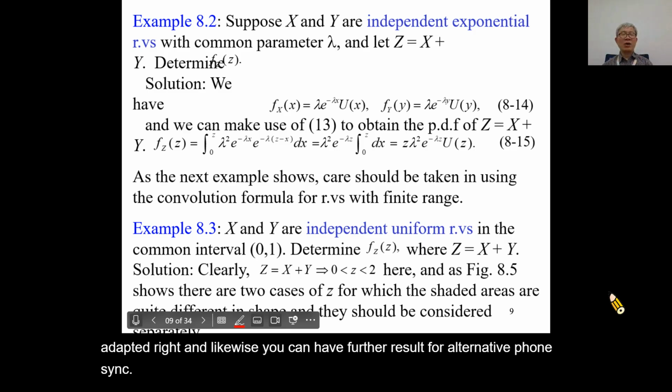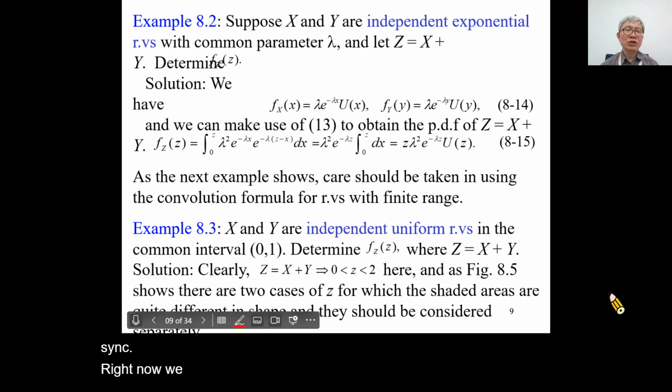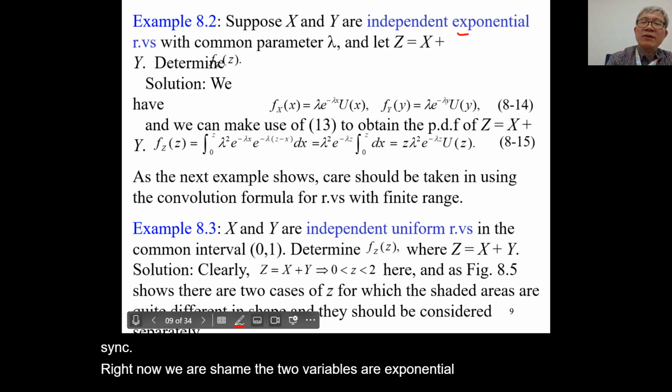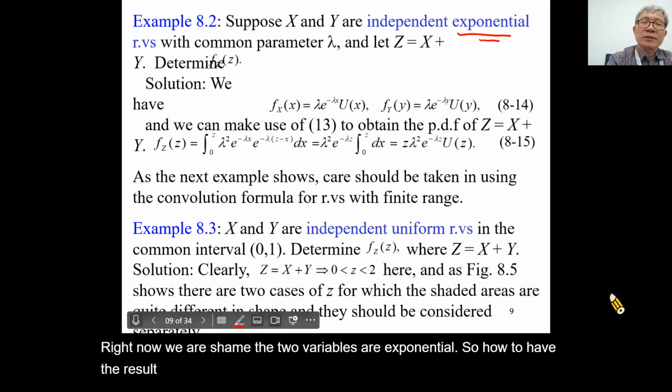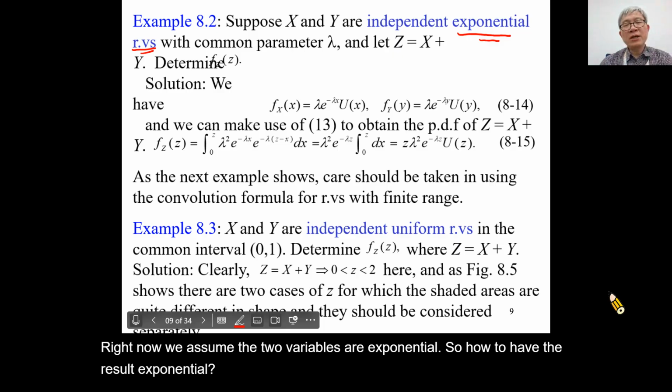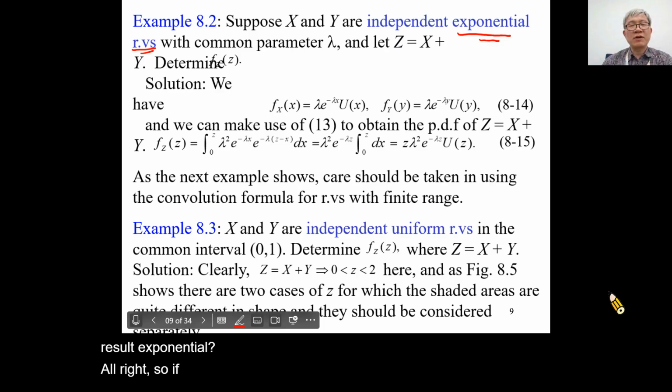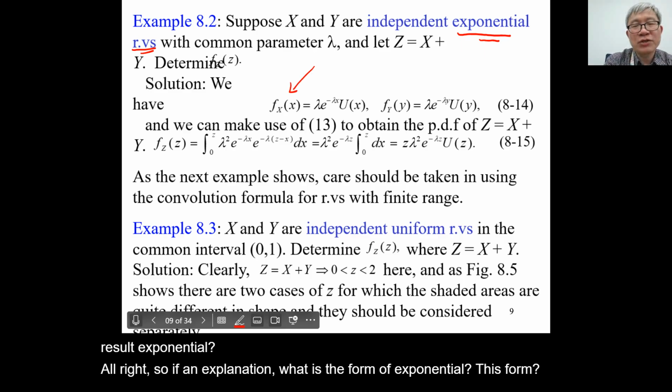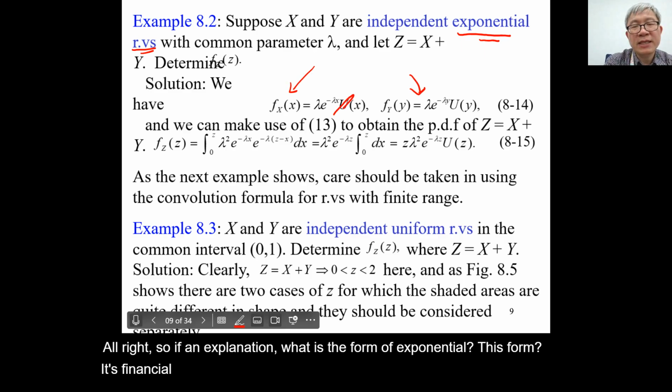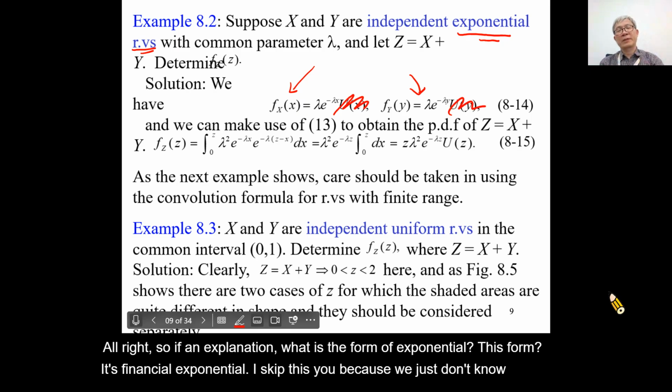Right now we assume the two variables are exponential. So how do we get the result? If it is exponential, what is the form of the exponential? This form. I skip the u because we just didn't know it was non-negative.